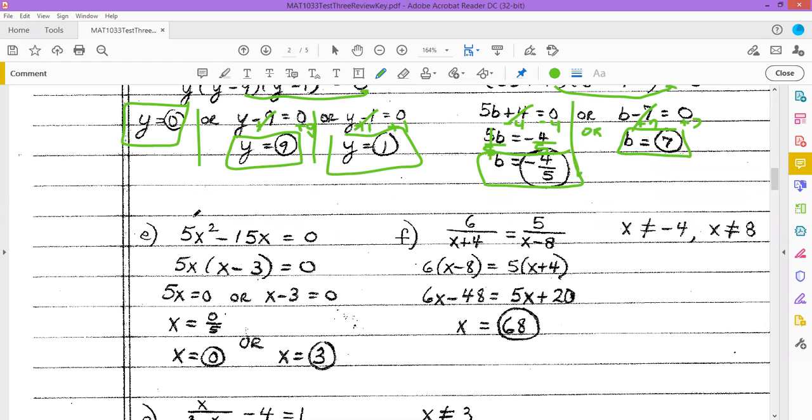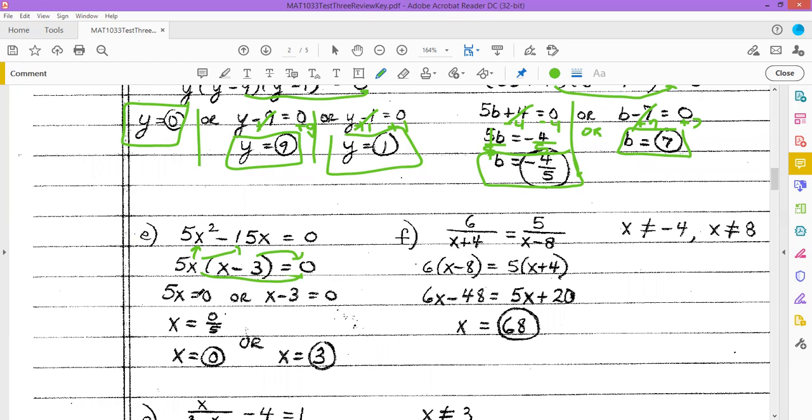Letter E, we have 5x squared minus 15x equals 0. We can factor 5x from both of these terms. So 5x, when we factor 5x from 5x squared, we get x in parentheses. And when we factor 5x from minus 15x, we get minus 3 in parentheses. Now we'll set each of these terms equal to 0 and solve.